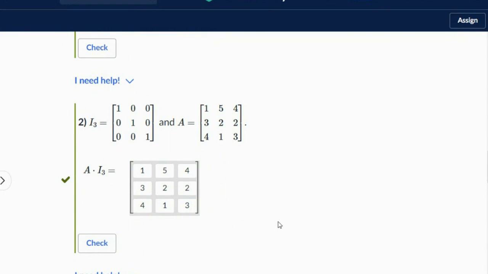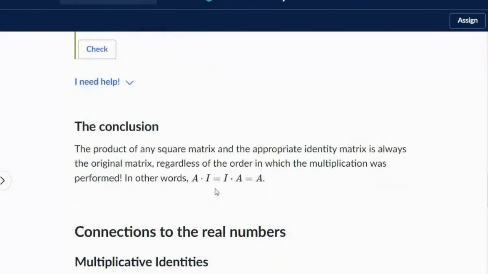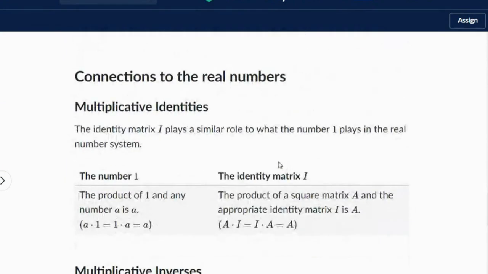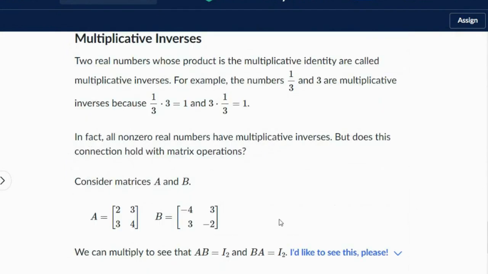If you understand an identity matrix and can recognize it, it'll save you some time. So A times the identity matrix is the same as the identity matrix times A. You can do those in either order. It's going to end up exactly the same, equal to the original. It's just like multiplying something times 1. A times 1 or 1 times A, you will get A.